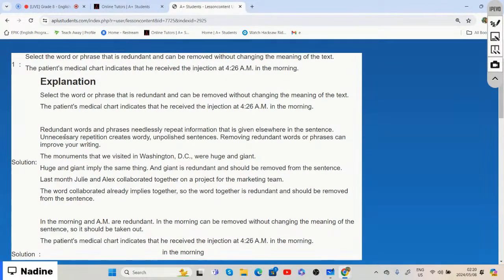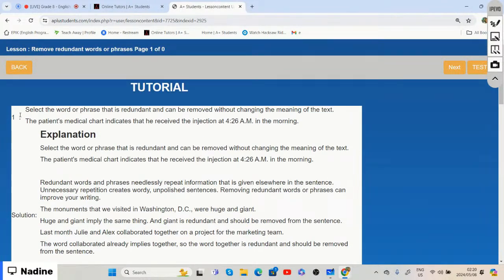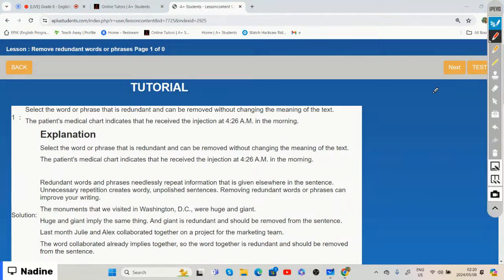So we see that the patient's medical chart indicates he receives an injection at 4:26 a.m. in the morning. If we are going to select the redundant word, then we're going to say in the morning, because 4:26 a.m. is already in the morning. So we don't still have to repeat the word and also say in the morning again.